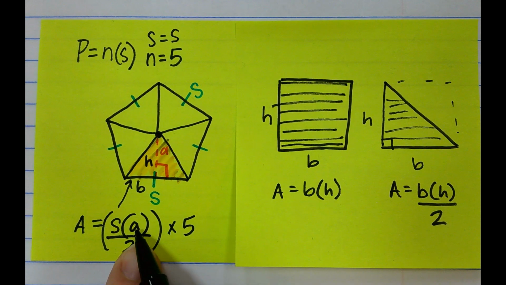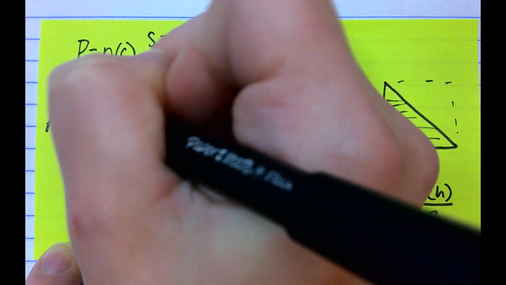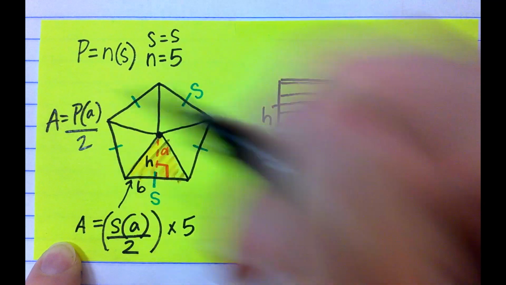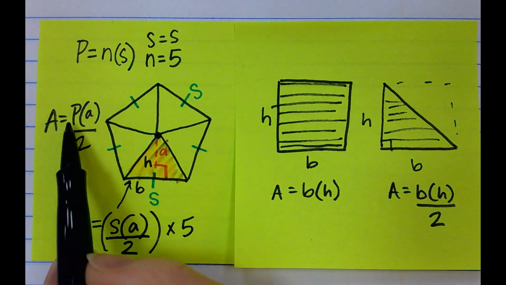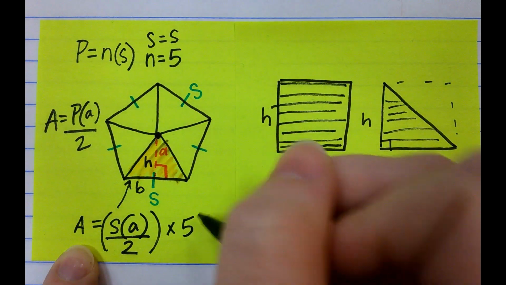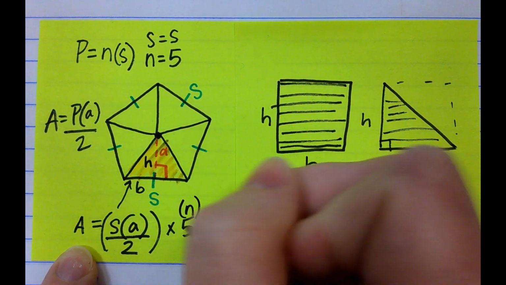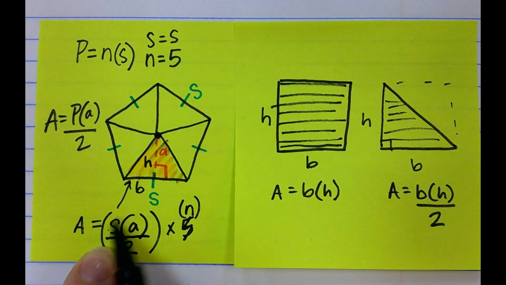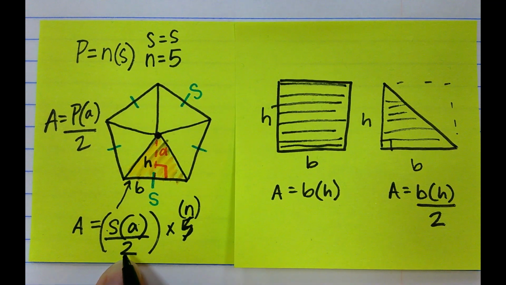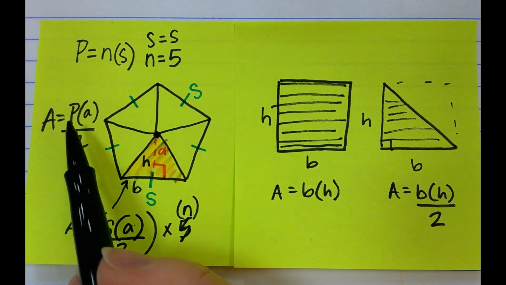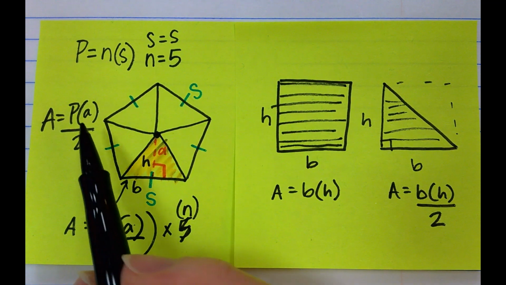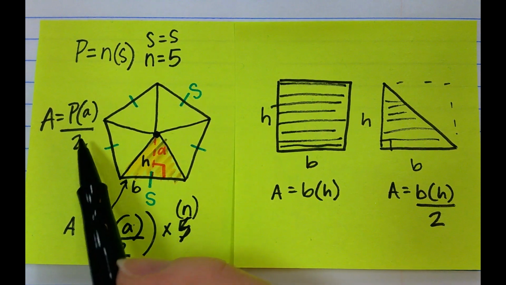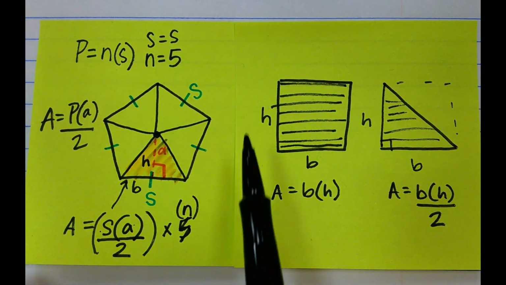Then it's taken times the a, the apothem, because here's our area formula: P times a divided by 2. All we're doing is n times s times a divided by 2. We just simplified it to p times a divided by 2, or perimeter times apothem divided by 2.